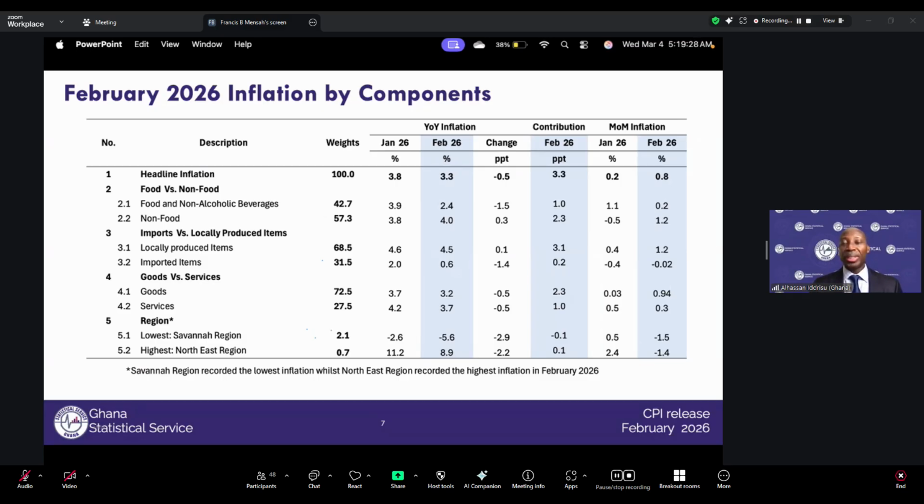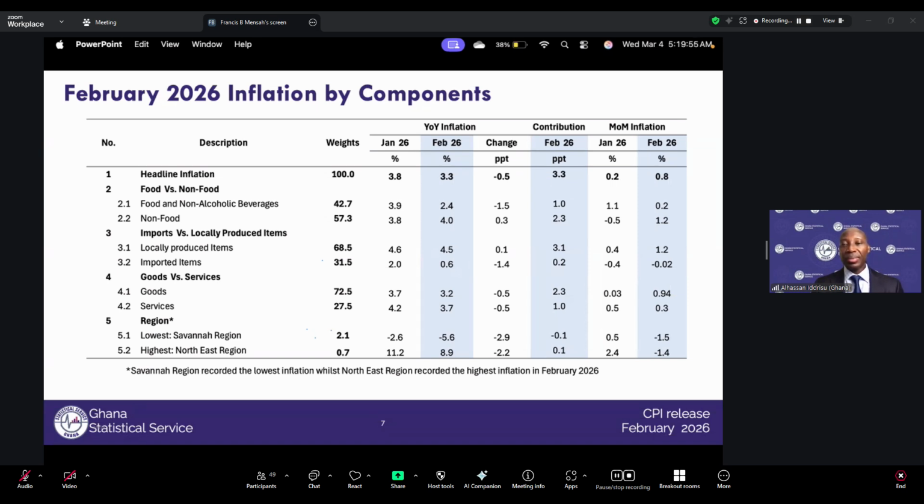Services contributed 30% to the overall inflation in February 2026. Month on month, cost of services increased by 0.3% between January and February 2026 compared to 0.5% between December 2025 and January 2026. This indicates moderation across both goods and services.